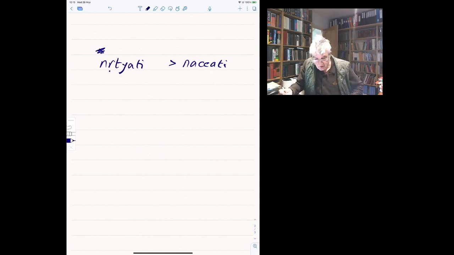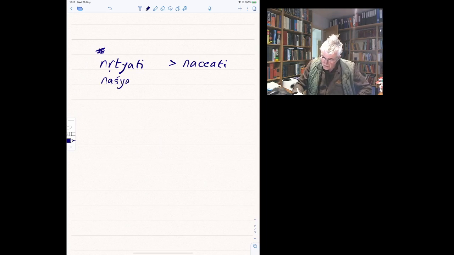And as the Pali students will know, of course, the vowel ṛ doesn't exist in Pali. That changes to either a, i, or u, depending. Another one, for example, is naś. Naśyati, to be lost or destroyed. And in Pali, that becomes nassati.